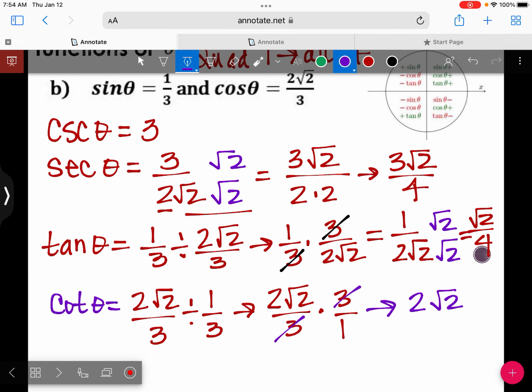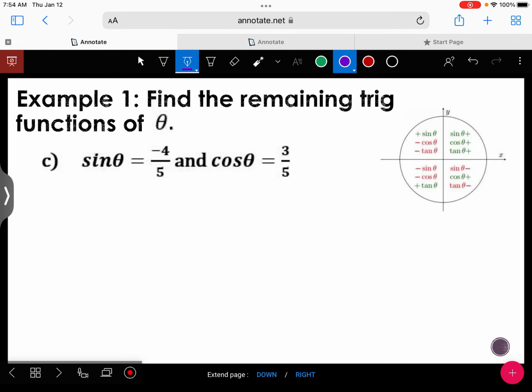Just so that we're ahead tomorrow, I want you to go ahead and copy down this example. We're not going to work through it today, but go ahead and copy it down so that we're ready for tomorrow. And now this one doesn't have any radicals, so it should go pretty fast.